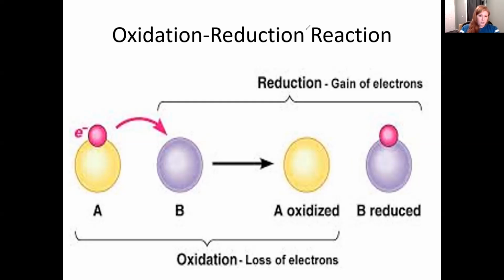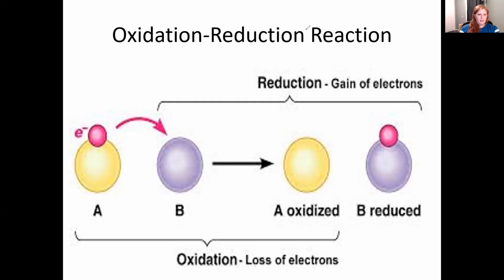So if one atom is losing an electron, that electron has to go somewhere. It's not disappearing. That means another atom is picking it up. So while one is reduced, the other is oxidized, and vice versa.